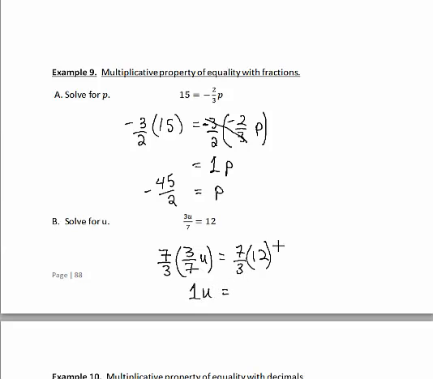And now on the right, I could rewrite this as a 7 times a 12/3, which is the same as 7 times 4, getting a 28. And I could also remove the 1 in front of the u.